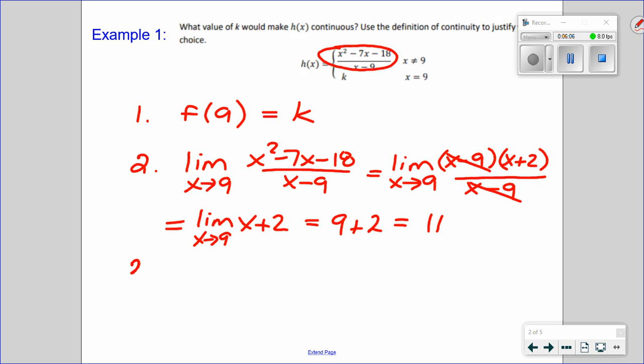Remember our third step. In order for the function to be continuous, the limit has to equal the function value. So the limit as x approaches 9 of h of x has to equal h of 9. We know the limit equals 11.